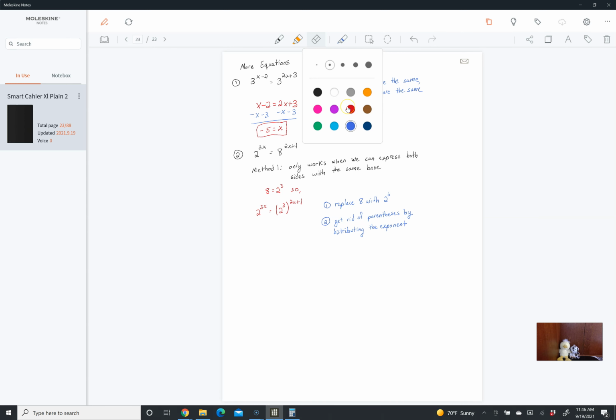So that means that we have 2 to the 3x, and this becomes 2 to the 6x plus 3. So we just distributed this 3, multiplying it. And then we could say, again, well, the bases are the same, so the exponents are the same.